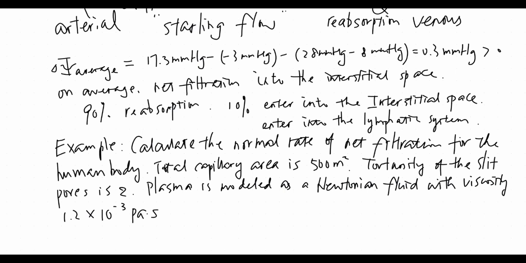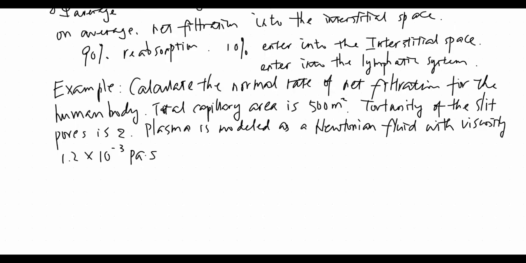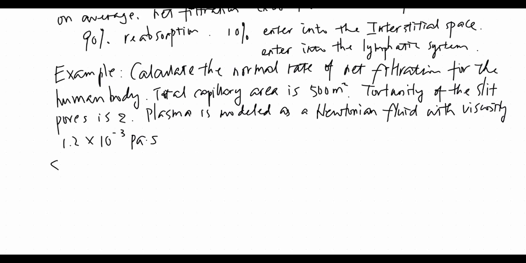The rest of the parameters will come from the table we showed at the beginning of this lecture. In order to find the total volumetric fluid flow across all the capillary walls, we will use this equation, with Lp, S, and delta psi.